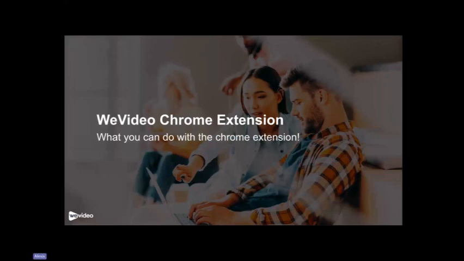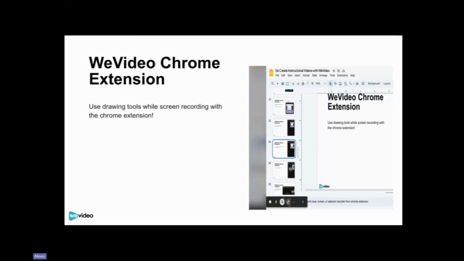So again, what can you do with the Chrome extension that you cannot do with the screen recording inside of WeVideo? Different options here. If you're using the Chrome extension, you'll have this little tool drawing kit to your bottom left corner, which will allow you to annotate as you're recording. It will allow you to point out certain words or sections, just like what you're seeing here within the gif that you created.